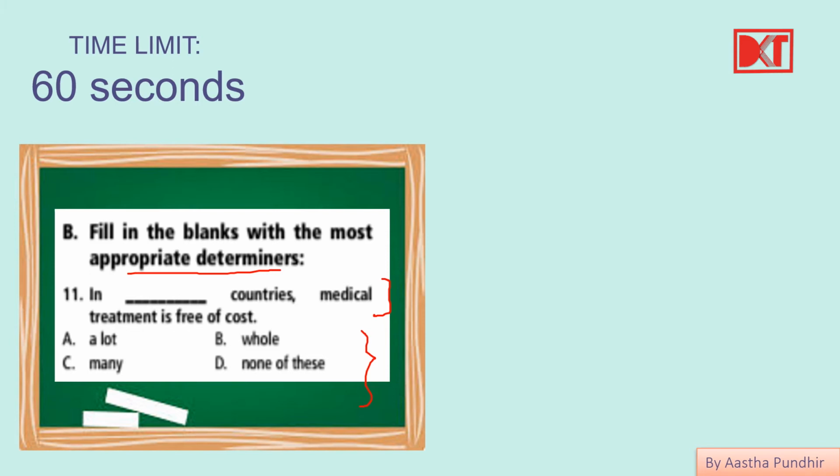In a lot countries, in whole countries, in many countries. Here the correct answer is C. In many countries, medical treatment is free of cost. Why? Because this is a quantifier, we're talking about the number of countries. So we are quantifying how many countries. So, in many countries.